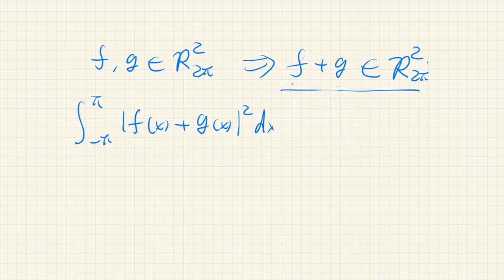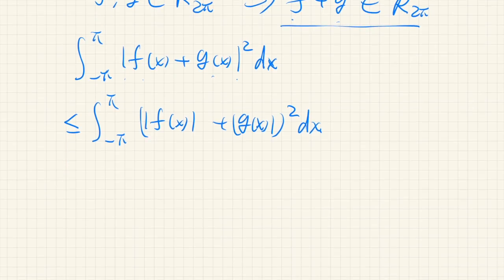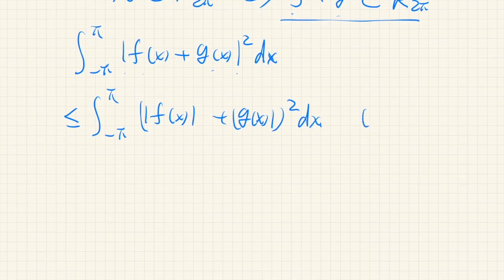So let's do it. We start from this, and since f of x and g of x are just complex numbers, to its modulus we can apply the triangle inequality. So this is less than or equal to the modulus of f of x plus the modulus of g of x, everything squared. So this is by the triangle inequality.